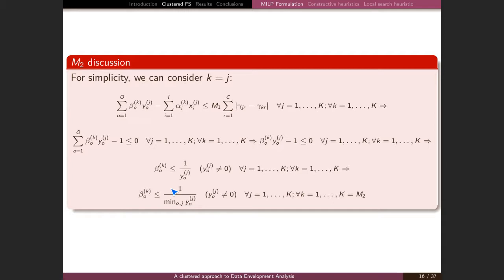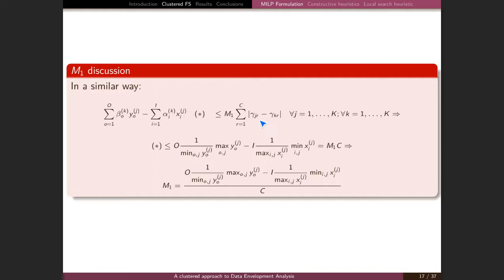And if we use very large values of these big Ms, we can obtain some numerical errors. So we want to obtain good solutions, but without numerical errors. Here is the same discussion for N1, so we obtain some upper bounds for these values.